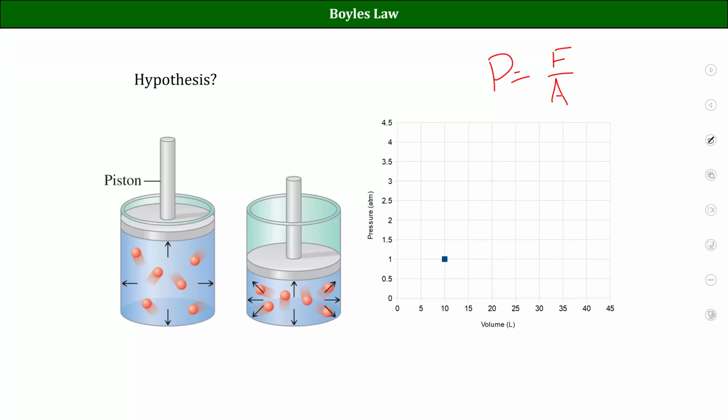It should go up by how much? It would make sense for it to be a factor of 2, right? If we cut our volume in half, that cuts our surface area in half, so our pressure should double. And we should be able to do that indefinitely, right? We cut our volume in half, our pressure doubles.